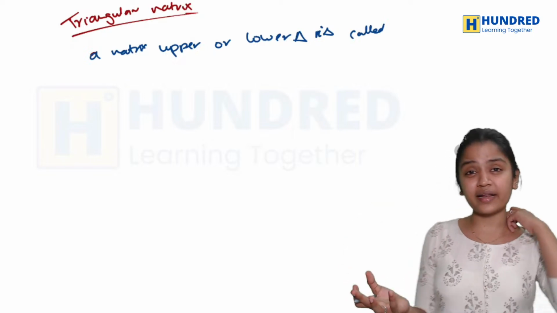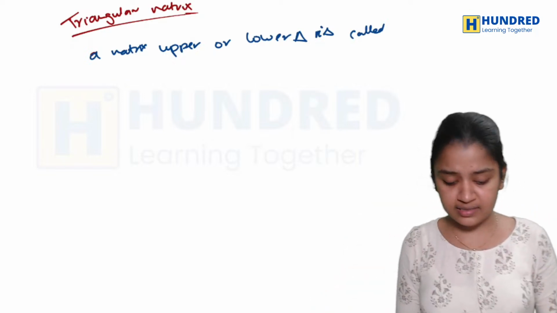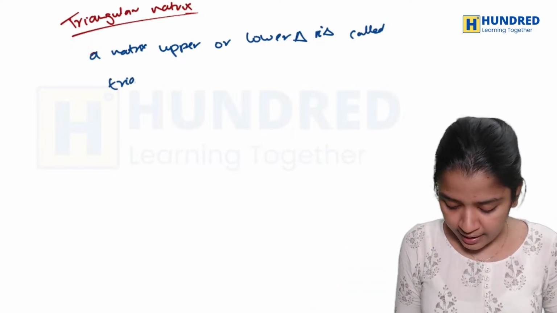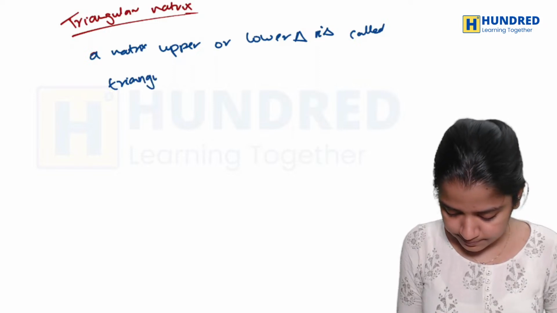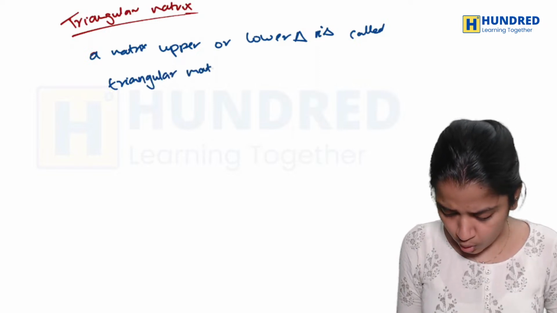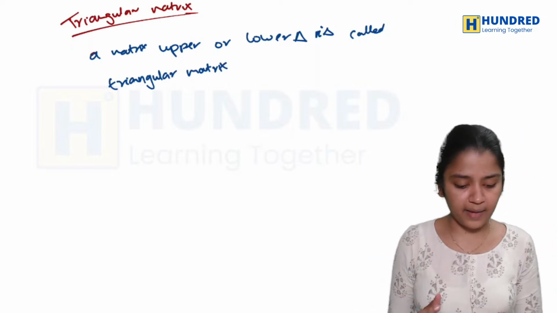So it can be an upper triangular matrix or a lower triangular matrix, and this is called a triangular matrix.